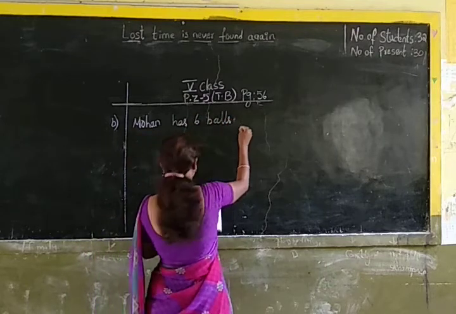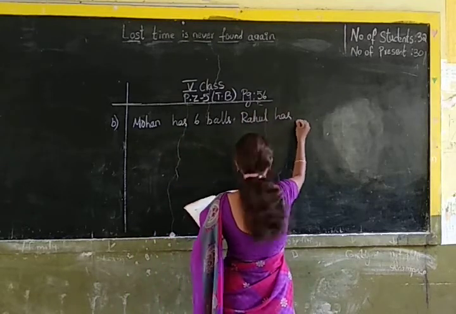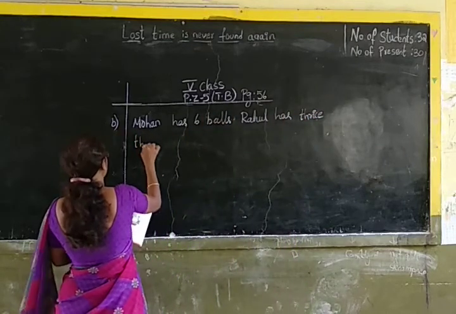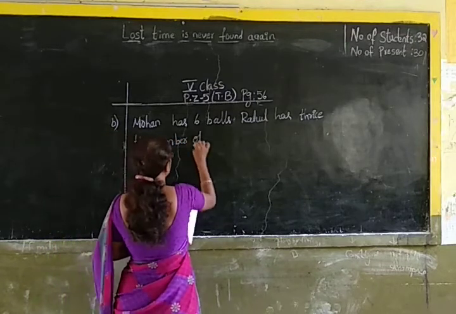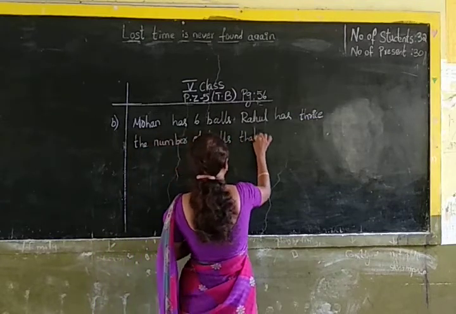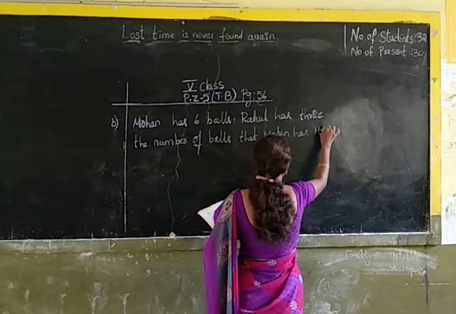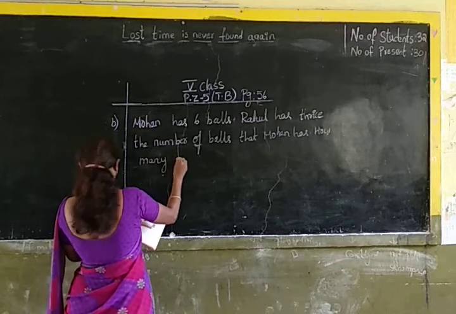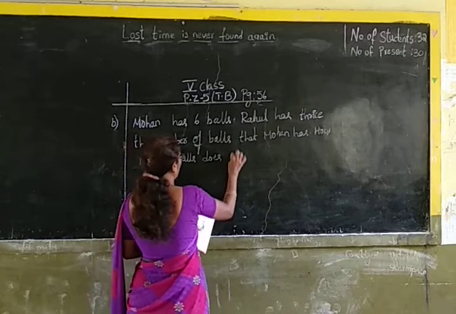Rahul has thrice the number of balls that Mohan has. How many balls does Rahul have?